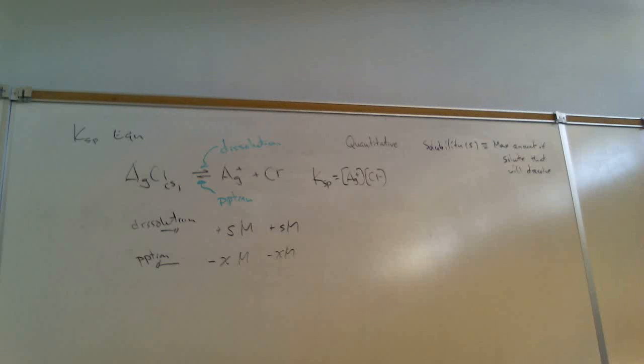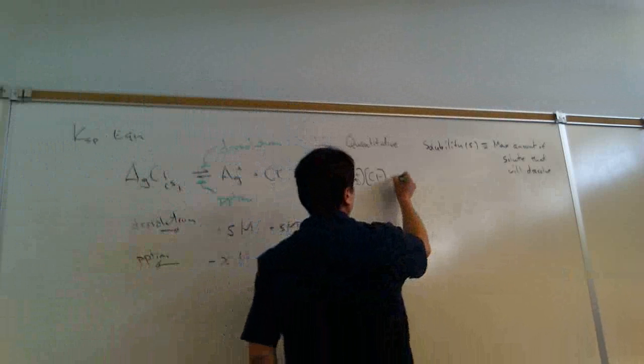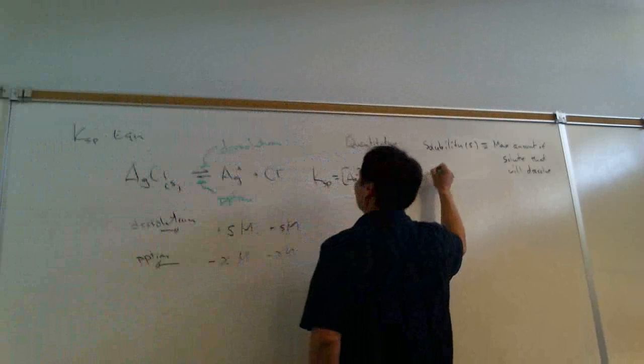But I have to verify that. Does somebody have their book? 1.77 times 10 to the negative 10 at room temperature. Okay, our book will round that off. And so this is 1.8 times 10 to the negative 10.